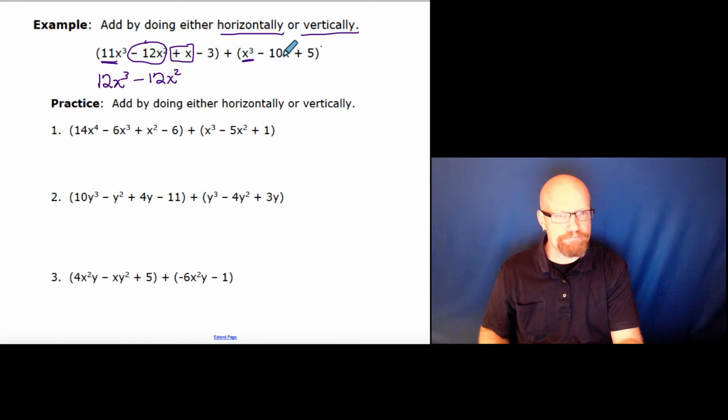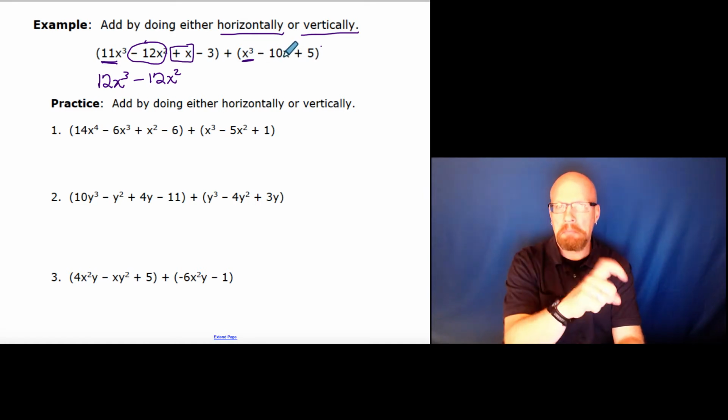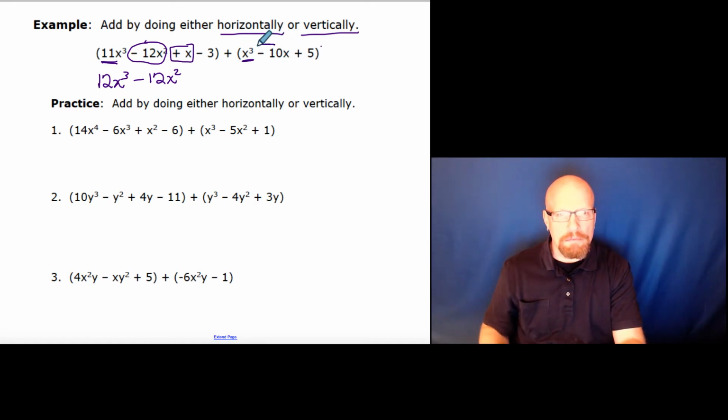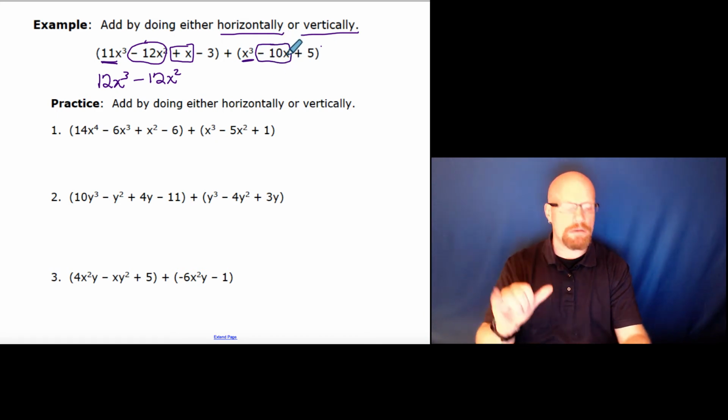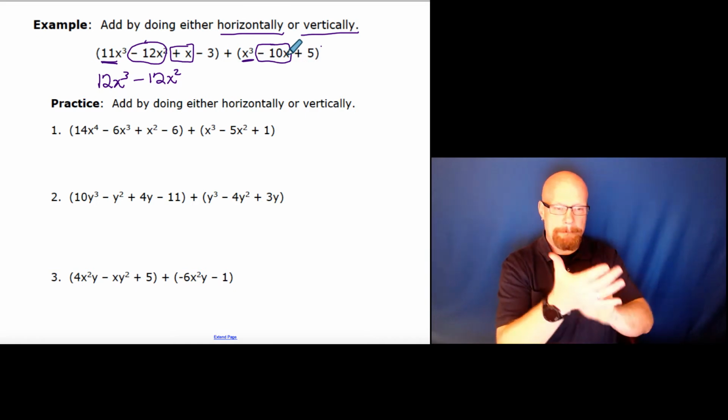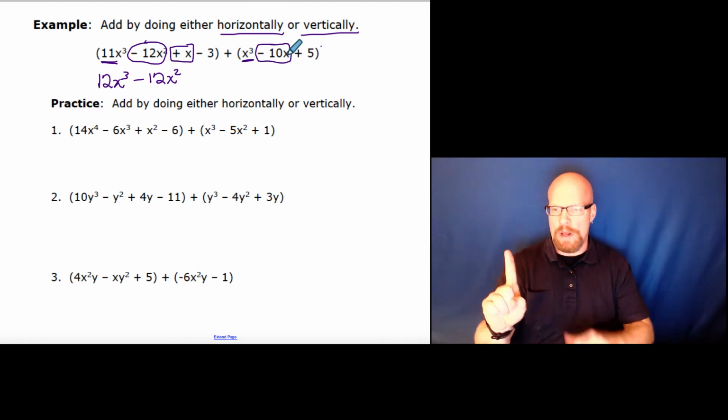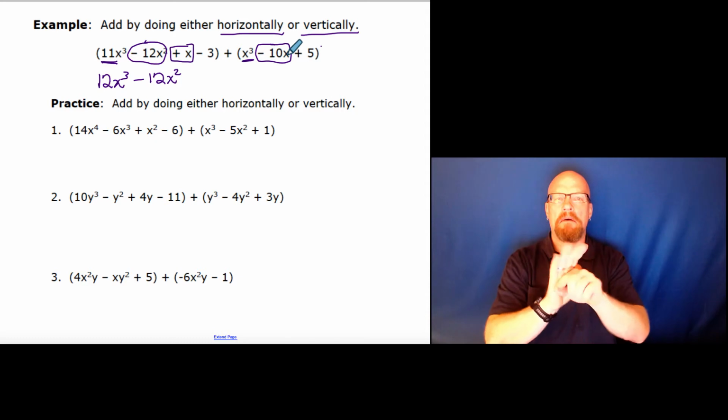Nope, not that one. But this one does. Both are x terms, x to the first power. So now we have plus x minus 10x. So 1 minus 10 is negative 9.